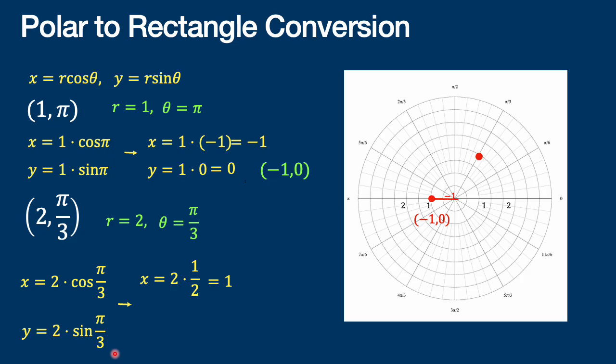Sine pi over 3 is square root 3 over 2, so 2 times square root 3 over 2 is square root 3. So you find the rectangular coordinate (1, square root 3). From the origin, go to the right 1, then go up. The y value is square root 3. That's the rectangular coordinate (1, square root 3).